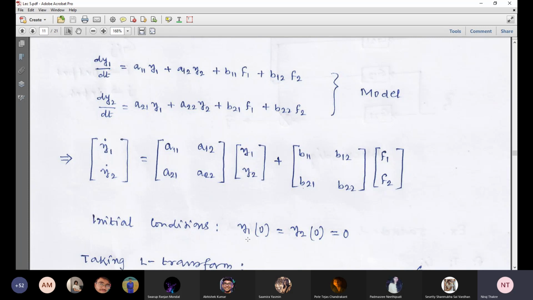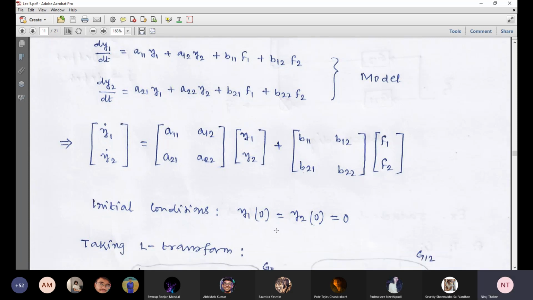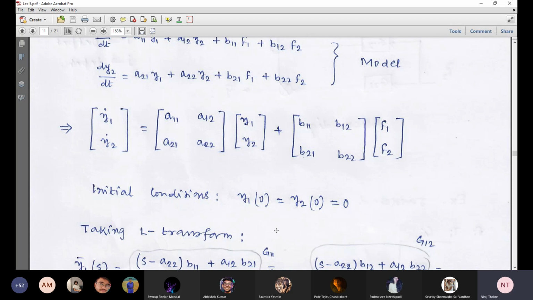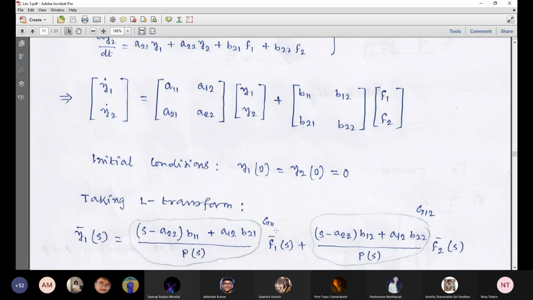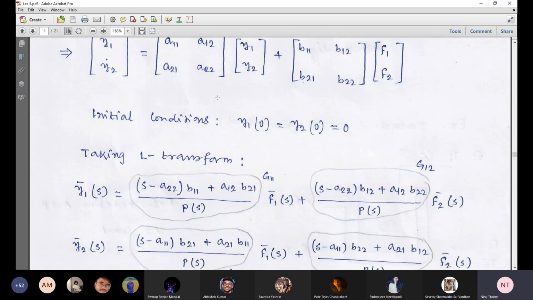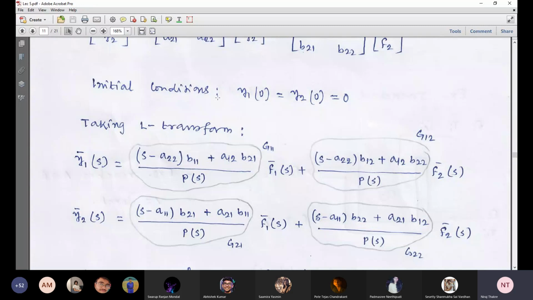Now, as I told, we need to take the Laplace transform to represent the model in Laplace domain. Say, if you take the Laplace transform of these two models, and if you rearrange them or solve them for y1 and y2, we get this type of structure. I am directly giving you the equation, but the steps are like this. You need to take the Laplace transform of the given model and then solve them for y1 and y2 and get these two equations.